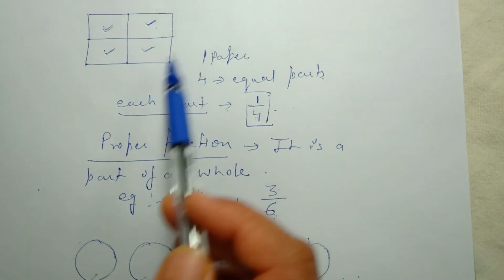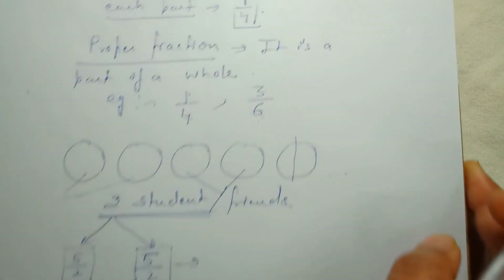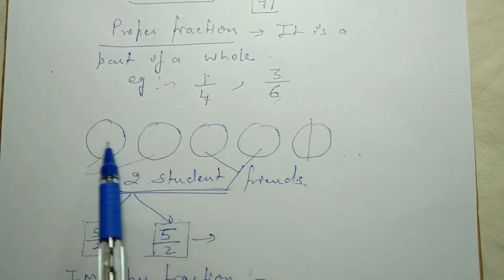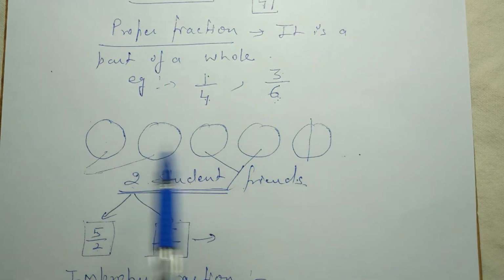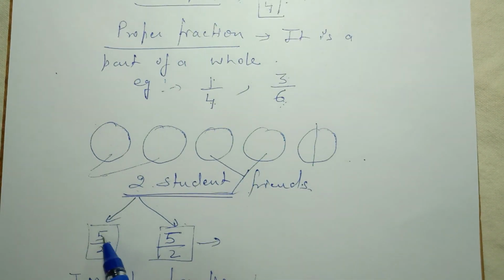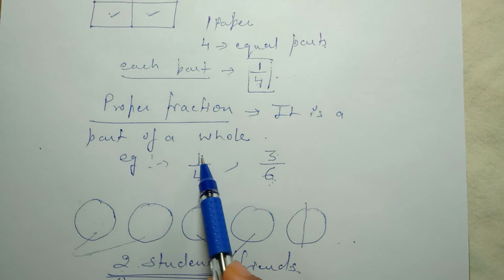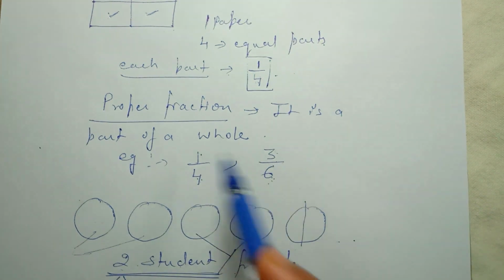In a proper fraction, we have only one object. In an improper fraction, we have more than one object which is to be distributed among some students. Here the numerator is greater than the denominator, and in the case of a proper fraction, the numerator is smaller than the denominator. So this point you have to note.